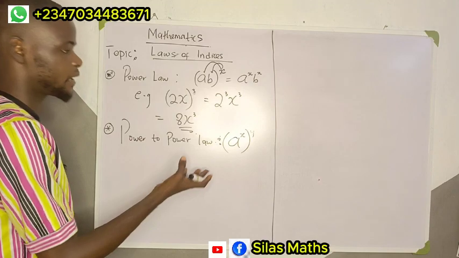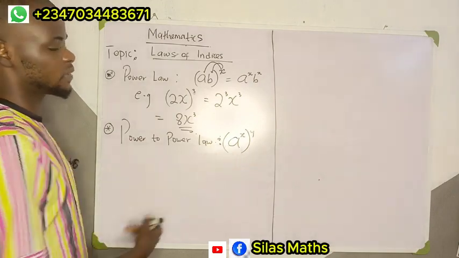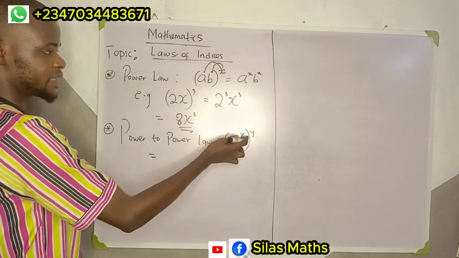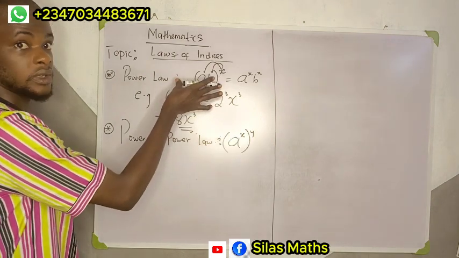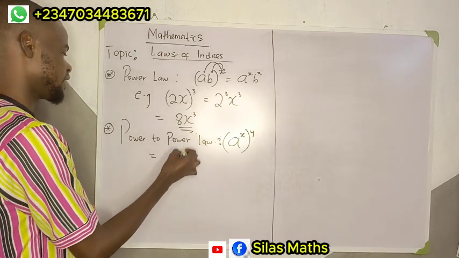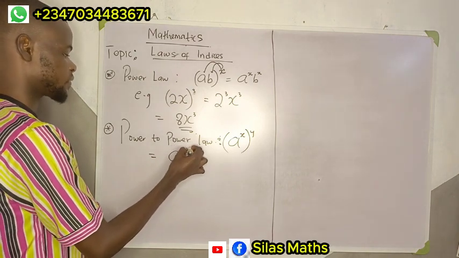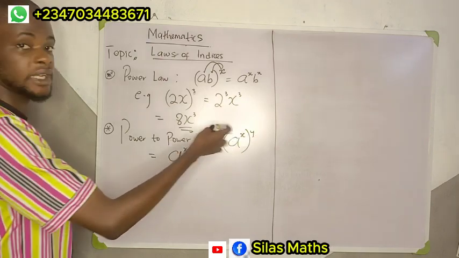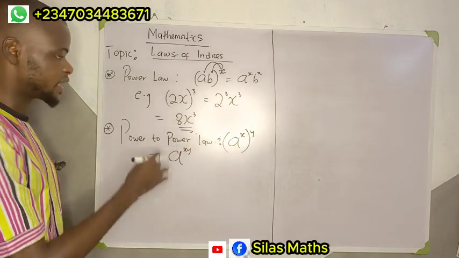So power to another power. To simplify this, I go straight forward and this power will multiply this power. So x will multiply y, and I will have A to the power of xy. Whenever I have something like this, I take the power and multiply it by the powers of what is inside the bracket.